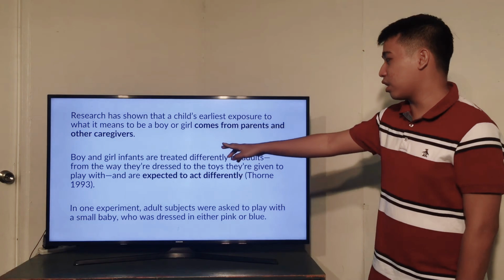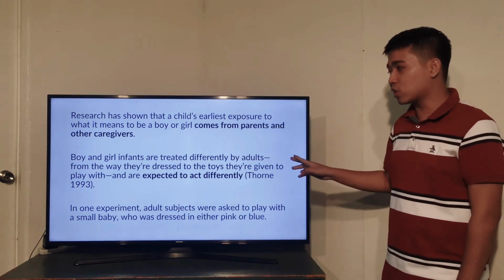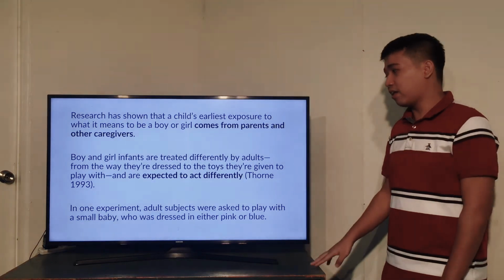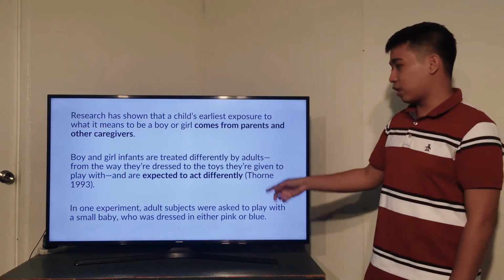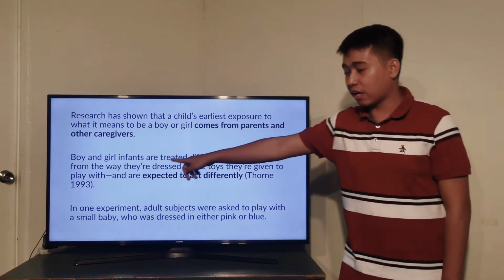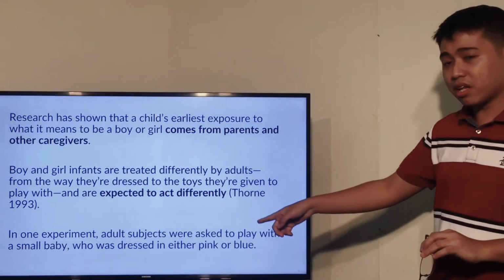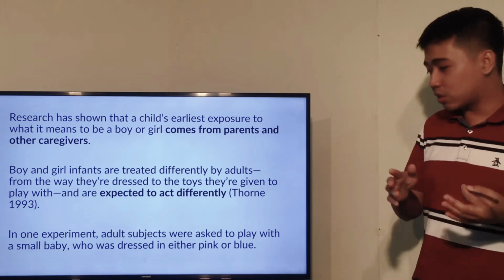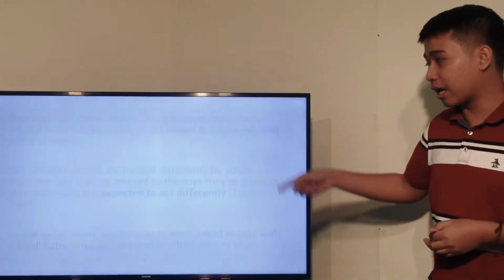So, boy and girl infants are treated differently by adults from the way they are dressed to the toys they're given to play with and are expected to act differently. That's according to Thor 1993. In one experiment, adult subjects were asked to play with a small baby who was dressed in either pink or blue, yung kanina.